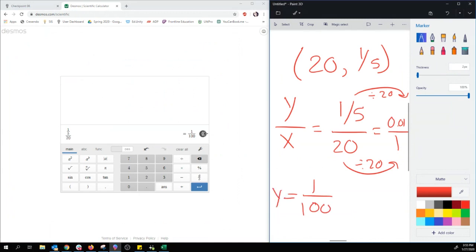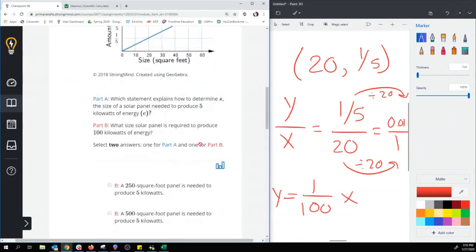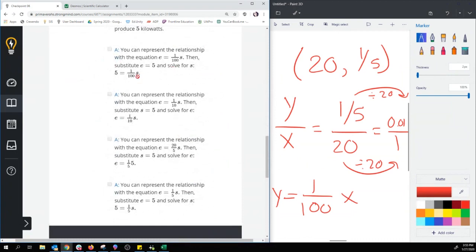So this is my y equals k times x. Did I move too fast there, or are you okay? Good. Okay. So for part A, we want to pick the answer choice that has this 1 over 100, because that is our unit rate.